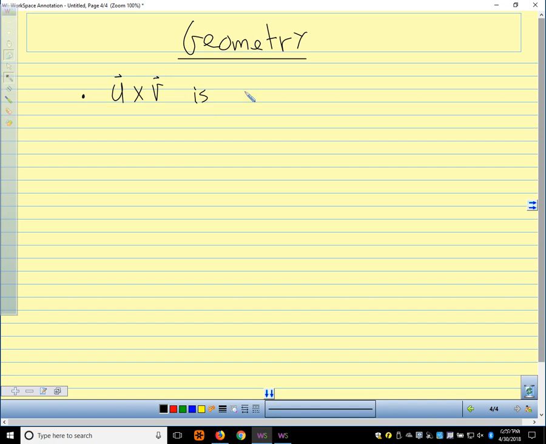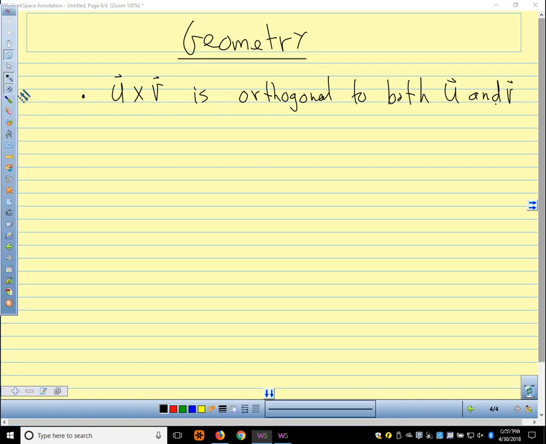U cross V is orthogonal to both U and V. So what we're saying here, and remember orthogonal means makes a 90-degree angle with, if that's U and V, U cross V is going to make a 90-degree angle with each of those.